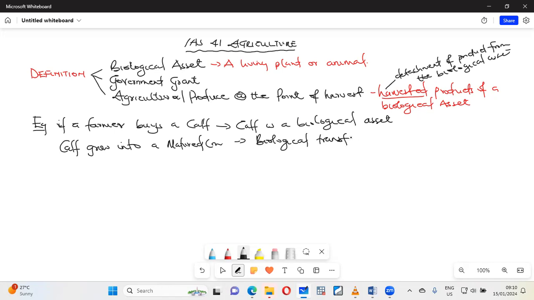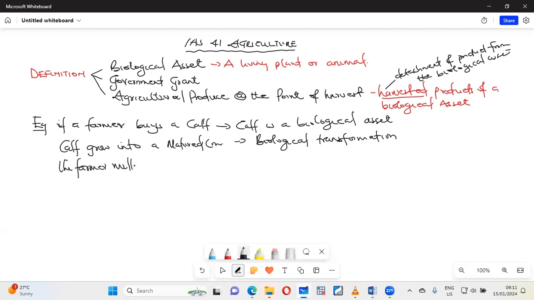When we say a living plant or animal, the scientist is saying that human beings are also living animals. So should we start looking at ourselves as biological assets? That's another discussion on its own. So we call that kind of growth biological transformation. Now, the calf that has become a cow now produces milk. So the farmer now takes the milk from the cow.